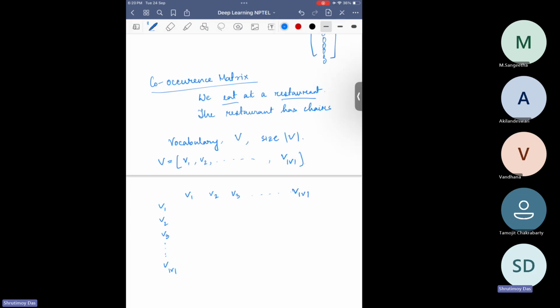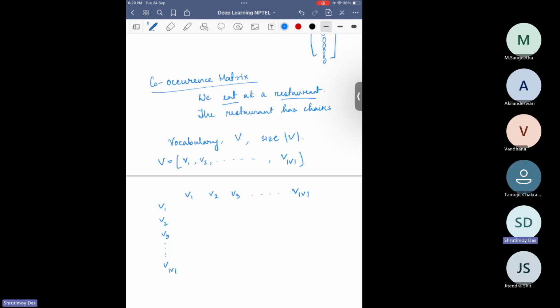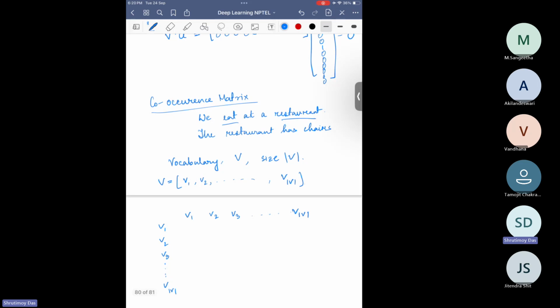Say suppose I take the word V1 here. So suppose I take the word restaurant here. Suppose I have a few more words. The restaurant is green in color.